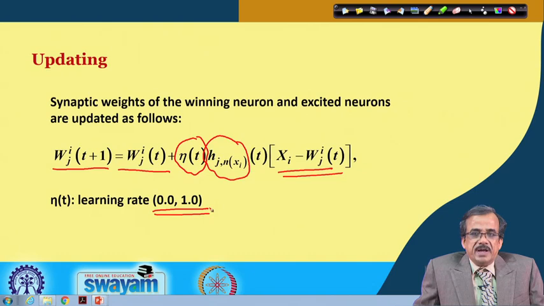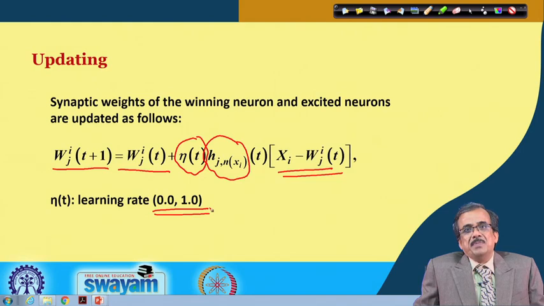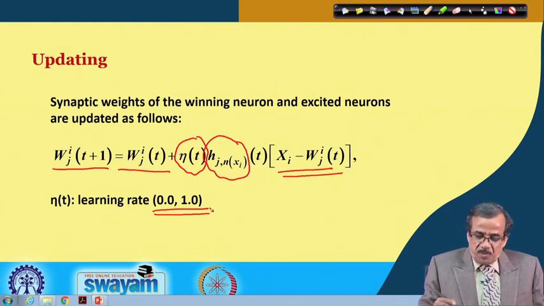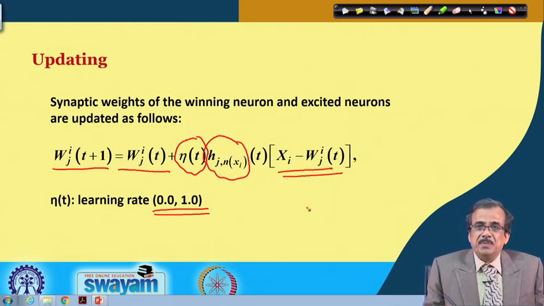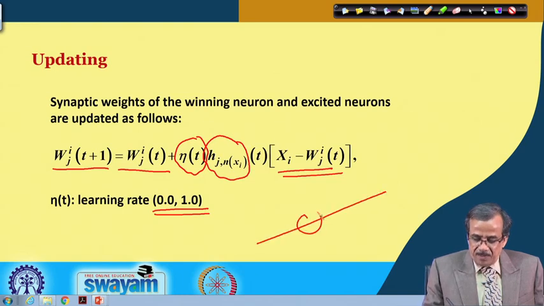Through this interaction, both the winner as well as the excited neuron, their connecting weights are going to be updated through a large number of iterations. So, corresponding to that particular ith data point, if you remember, on the input side we have got a number of neurons.